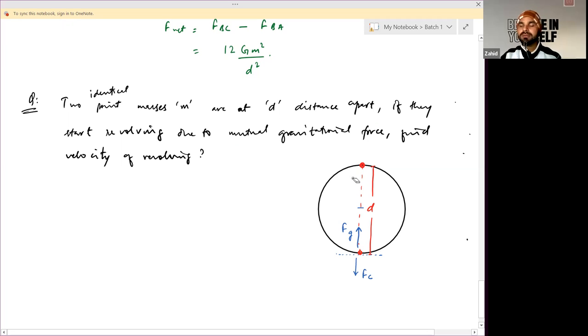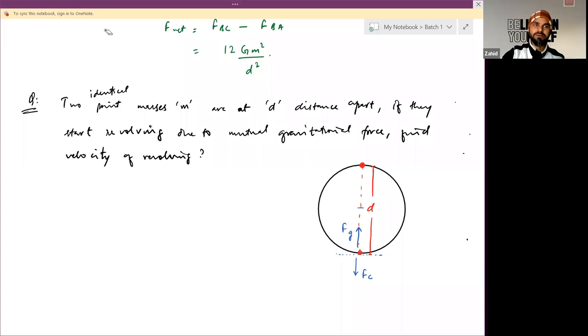So there should be some centrifugal force acting on each point particle in the outward direction, which must be balanced by this gravitational force. Or you'll say the necessary centripetal force to revolve this system around this circular path will be provided by this gravitational force. So just equate these two forces, you will get the velocity of revolving.